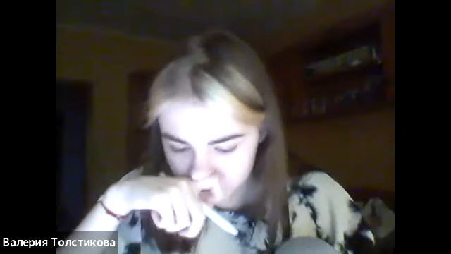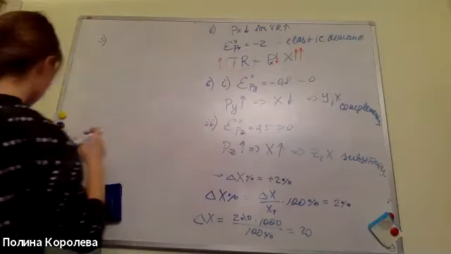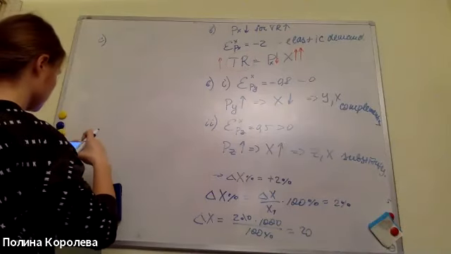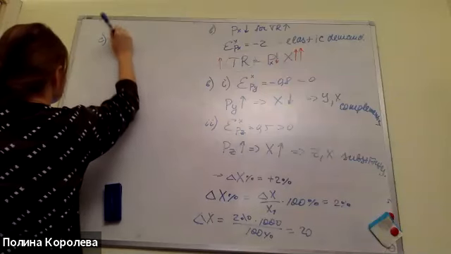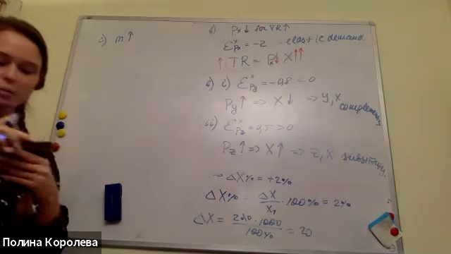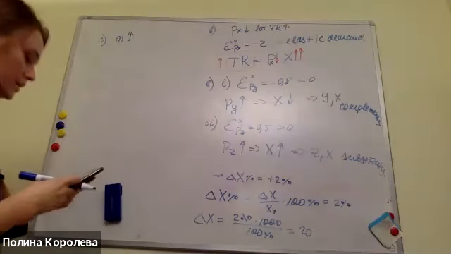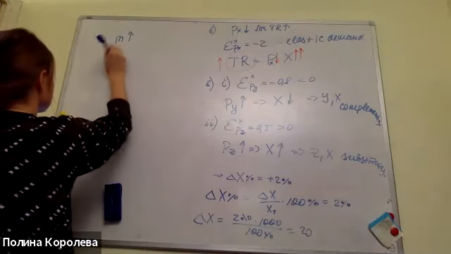And the last one, C. If consumers' incomes increased, would they buy more of good X or less of it? Would the budget share of good X rise or fall? It's about income elasticity. What do we know about income elasticity?